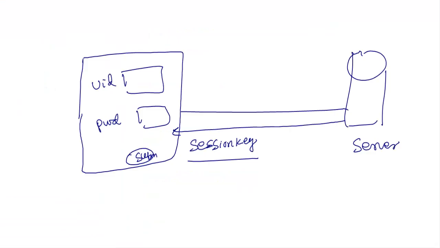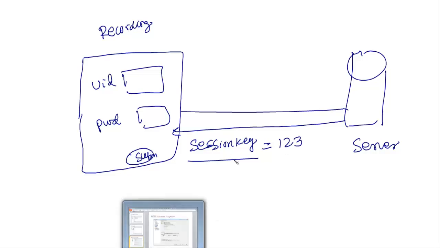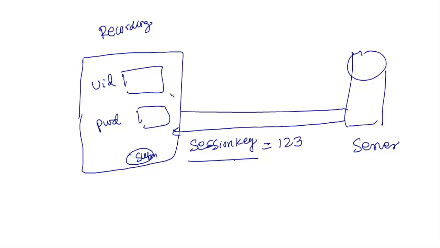If that is the case, let's say I log in the first time while recording. While recording, when I log in, I get a session key, and let's say that session key is 123. When I replay the script, I log in again, so I get a session key that is not 123. Let's say that is 341.